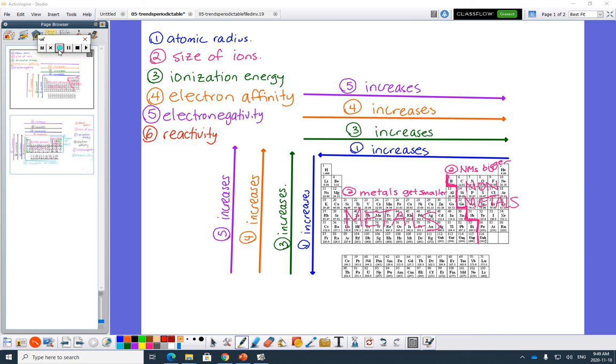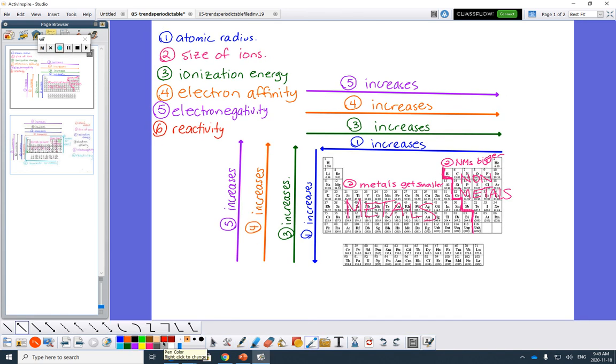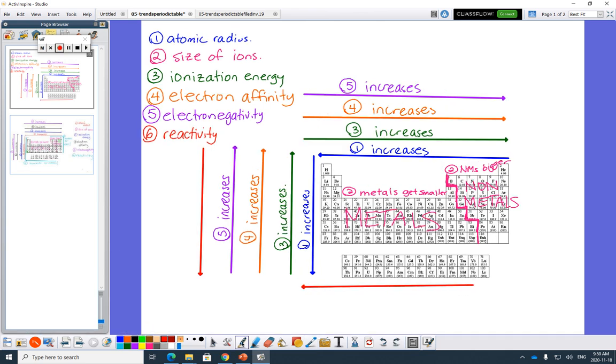So for reactivity, the bigger they are, the more reactive they are for metals. So I can draw this one here. And bigger is this way. So kind of stop it wherever your staircase is, okay?